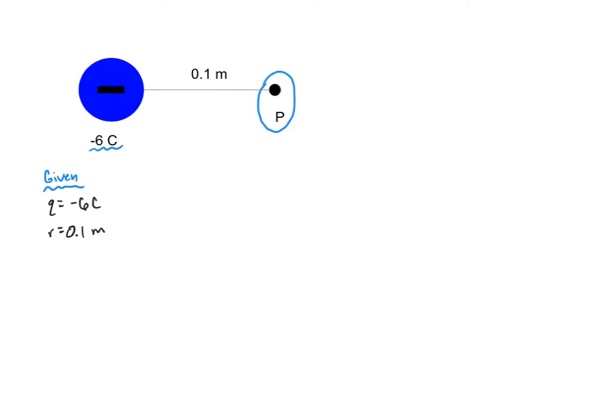That's really all I need to solve for my unknown, which is the field at point P, or just E equals question mark. As I mentioned earlier, the equation we're going to use is our electric field equation. E is equal to KQ over R squared, which sets me up to go into my substitute and solve step.